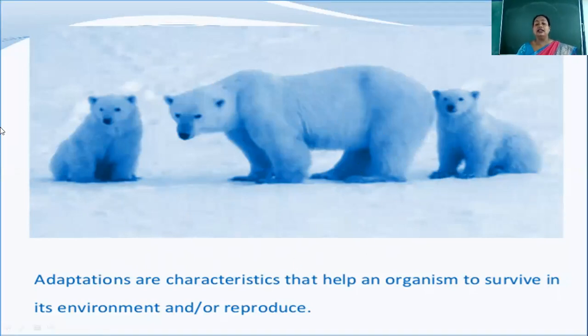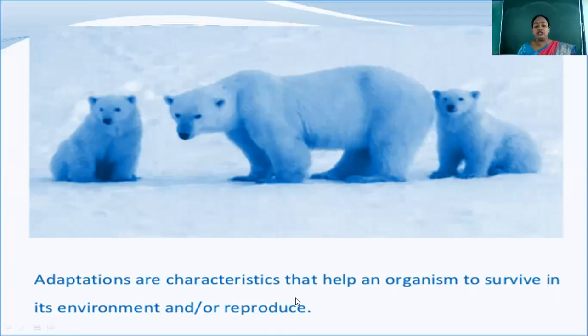The temperature in its surroundings is comparatively low, the pressure is high, and the amount of carbon dioxide and oxygen is comparatively less, and still they are able to survive in their habitat. The reason is the special features which are adapted, which help it to adapt in its habitat.